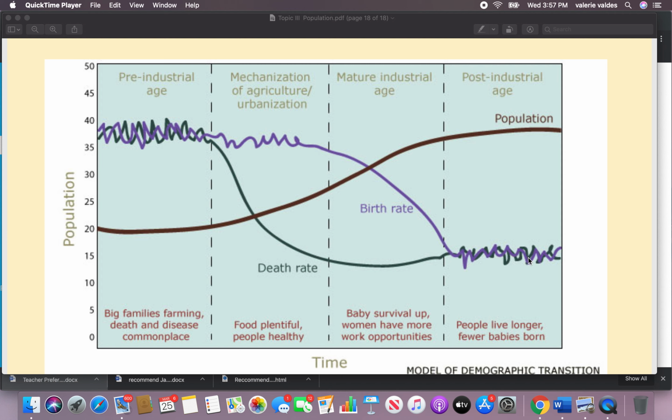Once again, they're both going to be low. And so you can see the population leveling off. People are living longer, there's fewer babies being born. And so make sure you know examples of countries, and make sure you know the characteristics of each.